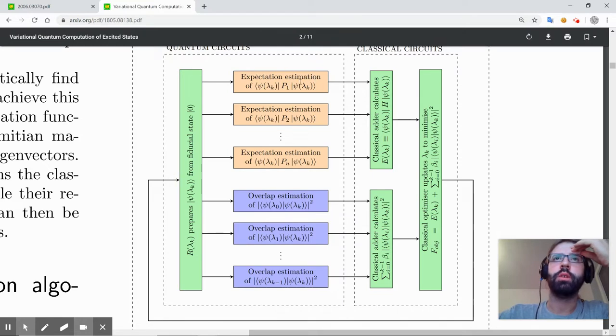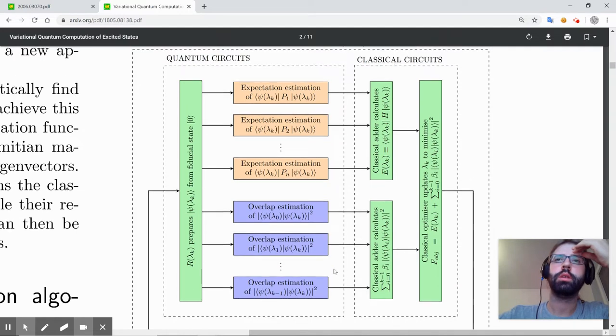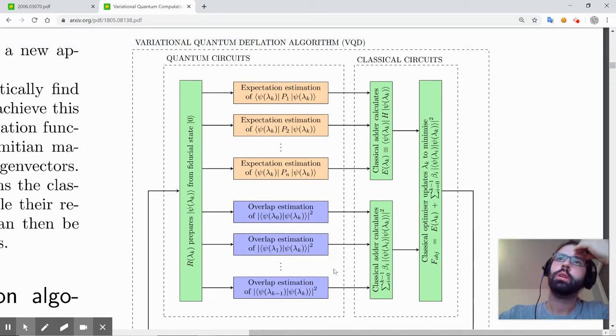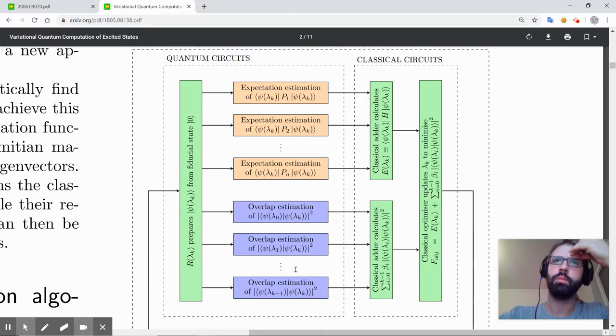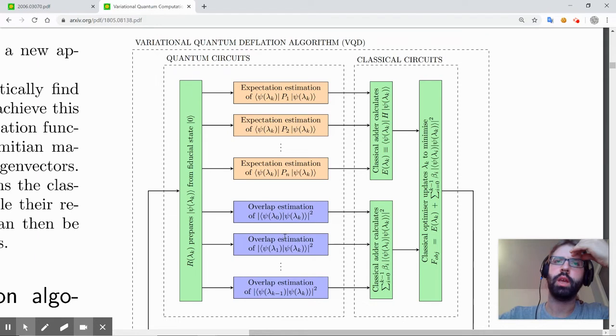Expectation estimation of, I don't know what is P1, P2, and Pn, and overlap estimation. Then classical adder calculates the overlap of, so they're calculating the overlap of something. Lambda 0, lambda k, lambda 1, lambda k.